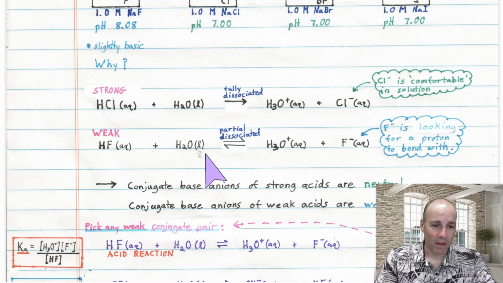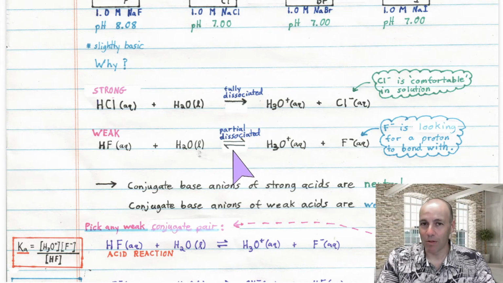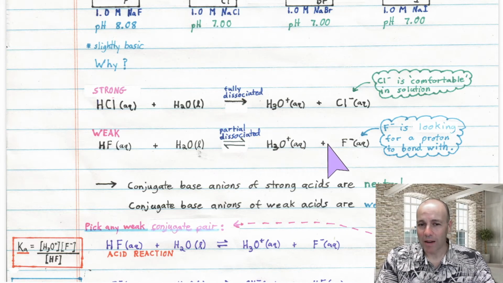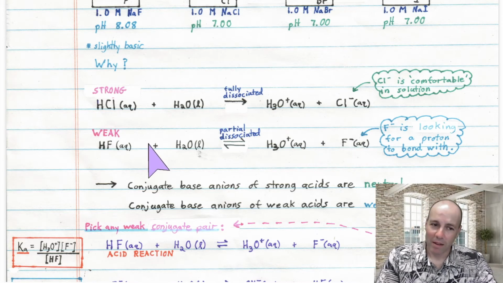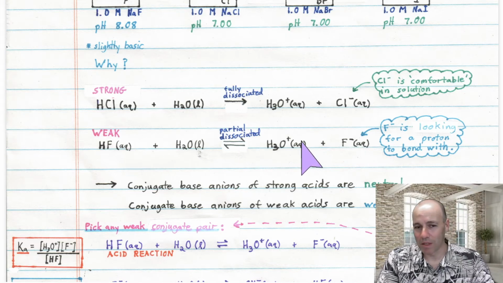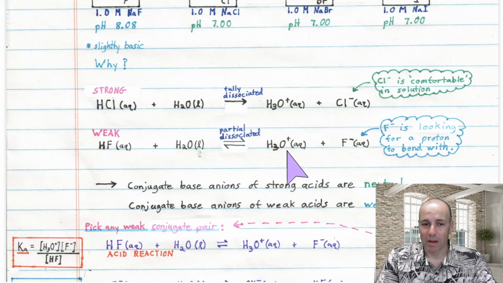And equilibrium reactions go in both directions. So at equilibrium, the reaction's still occurring in the forward direction and also the reverse direction, but just at equal rates. And so the concentrations remain the same at equilibrium. But these product ions are constantly recombining to reform the original acid, and other acid molecules are dissociating. So the equilibrium is still occurring.